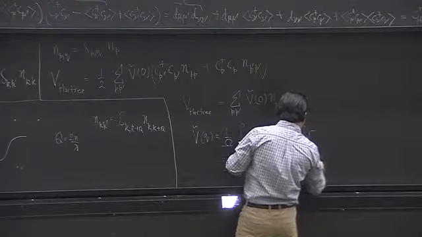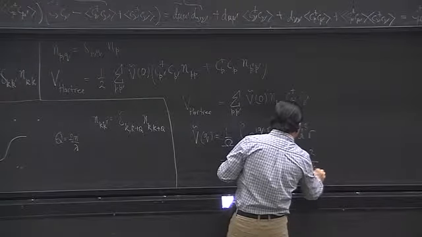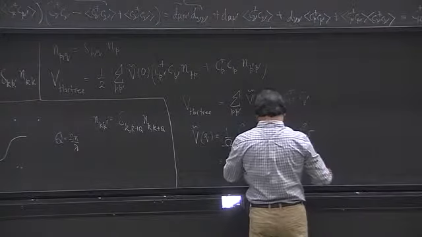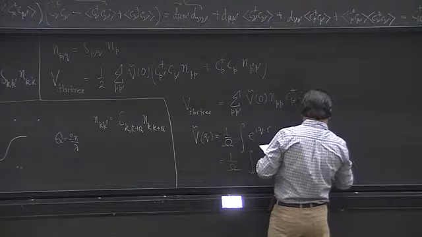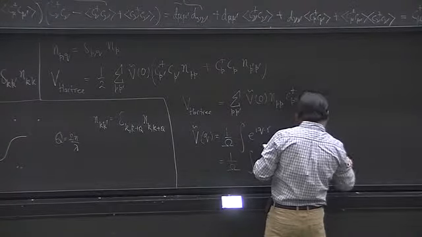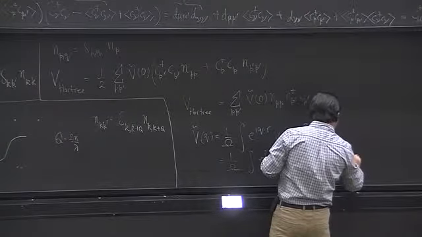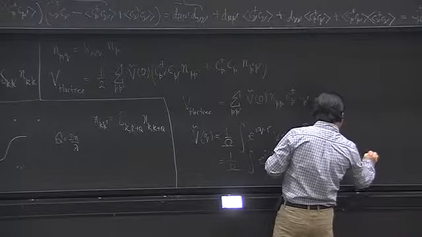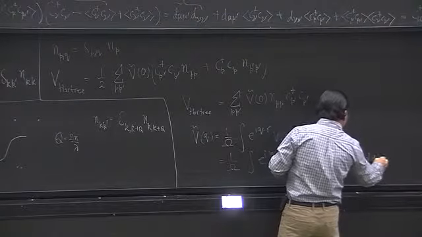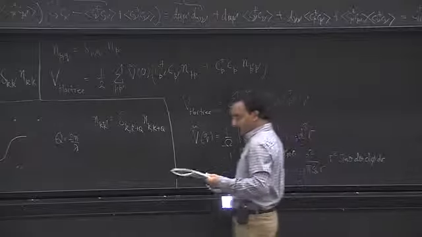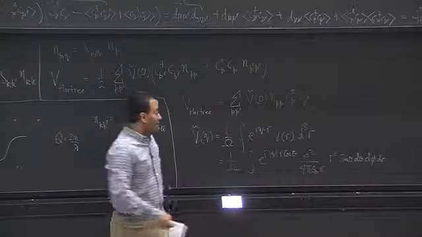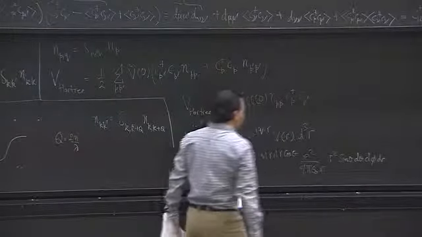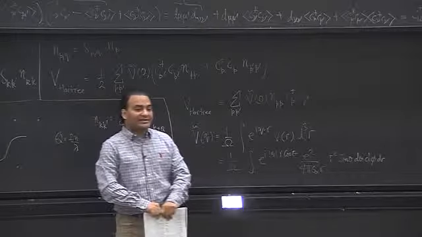V of R is e squared over, let's say, 4 pi epsilon naught r. Then you have r squared sine theta d theta d phi and dr. Now you can cancel one r, but you will see that still there is a divergence.